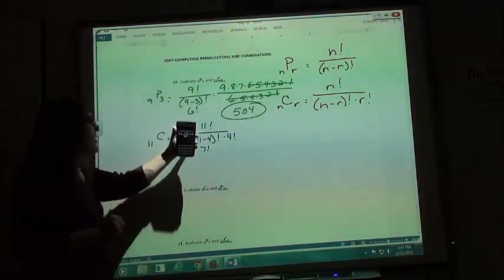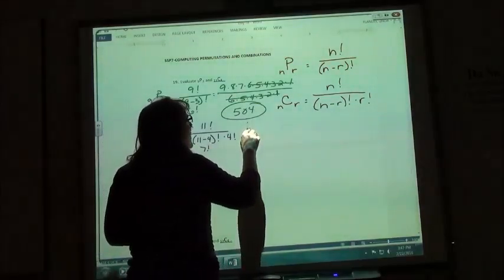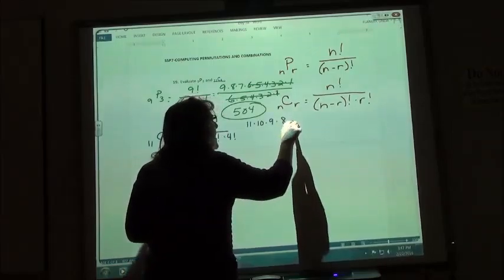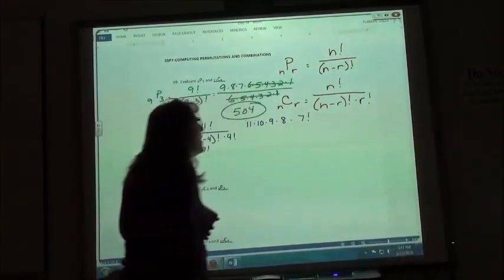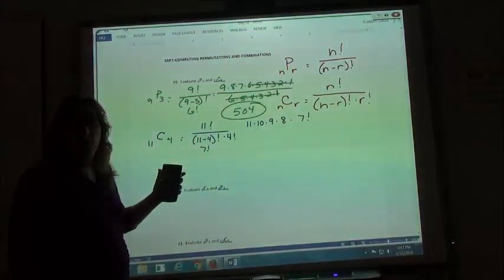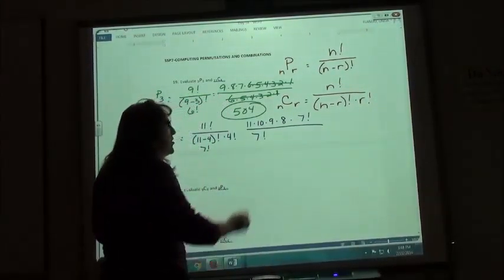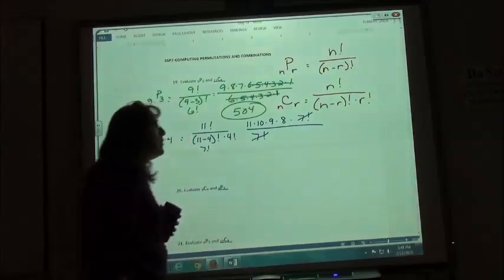So when I think about this, 11 factorial would be 11 times 10 times 9 times 8 times 7 factorial, because it's 7, 6, 5, 4, 3, 2, 1. Since I already have a 7 factorial, I'll be able to cancel those out.